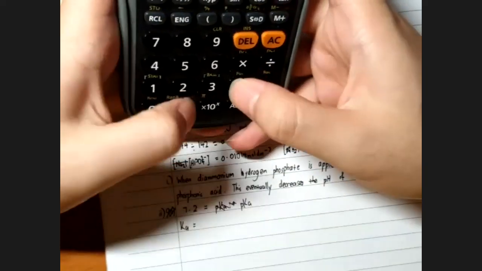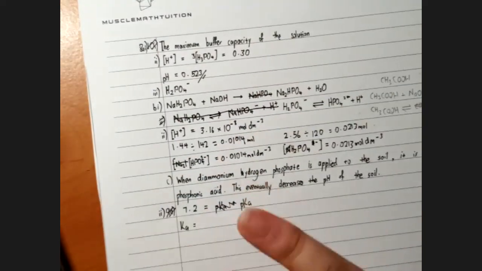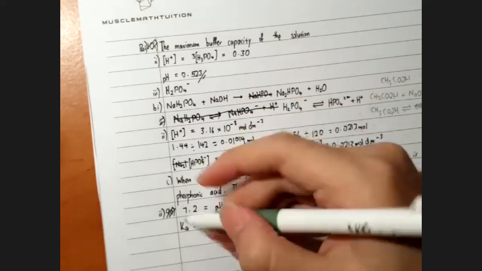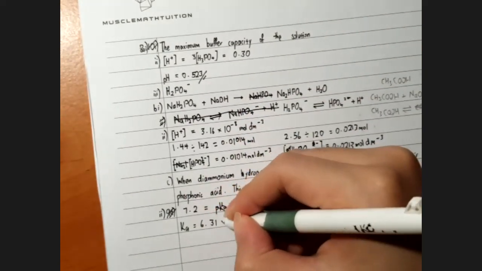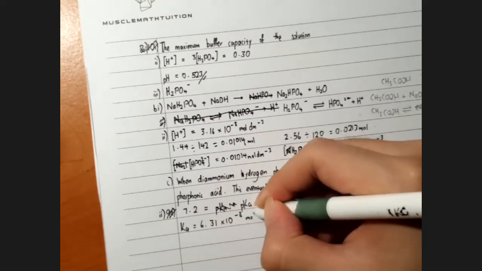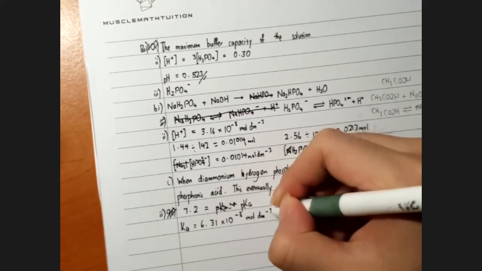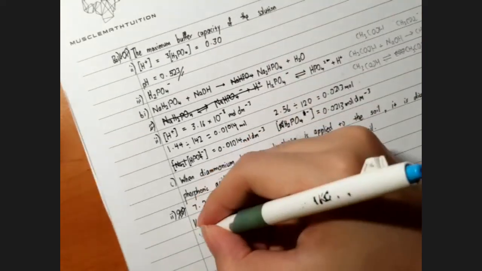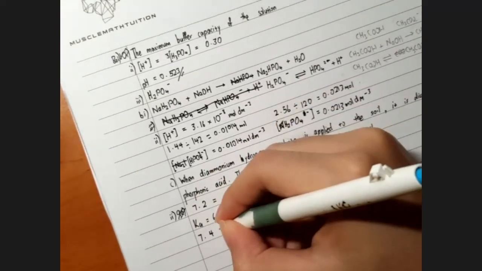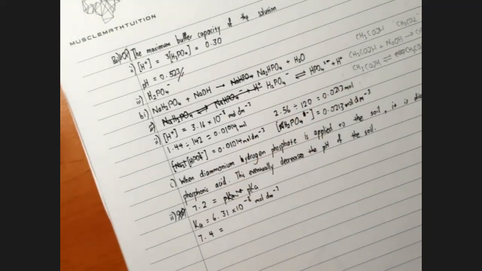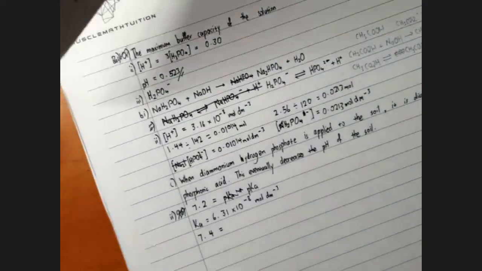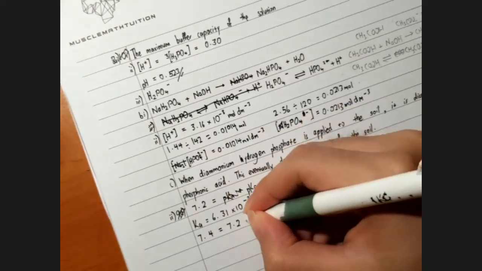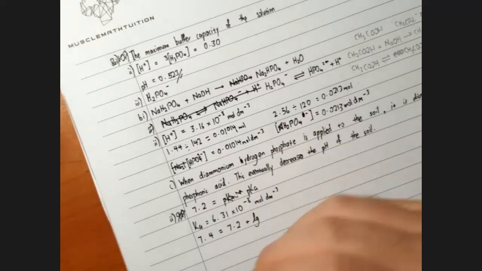10 to the power -7. pH 7.4 goes to 7.2 plus log of salt over acid.